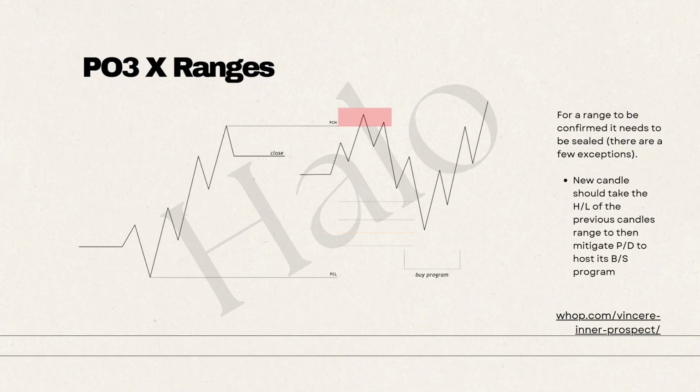For a range to be confirmed, it needs to be sealed. There are a few exceptions for this logic. Okay, now, what do I mean for a range to be confirmed, it needs to be sealed? So, what pisses me off a lot, and I see this happen very frequently, I see people get open, low, high, close, right?